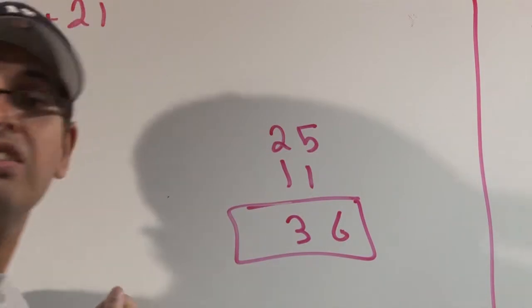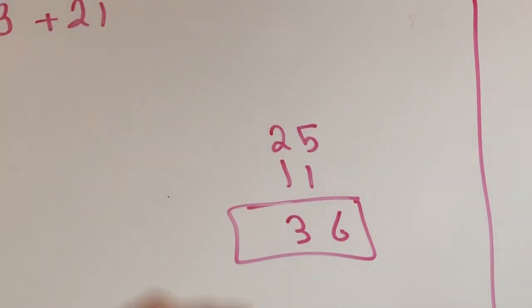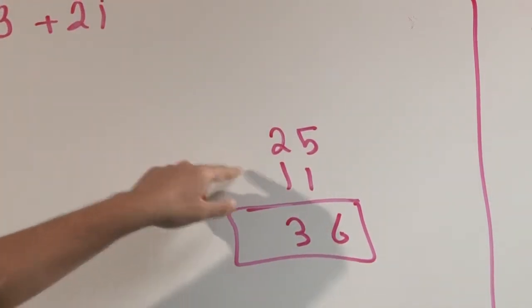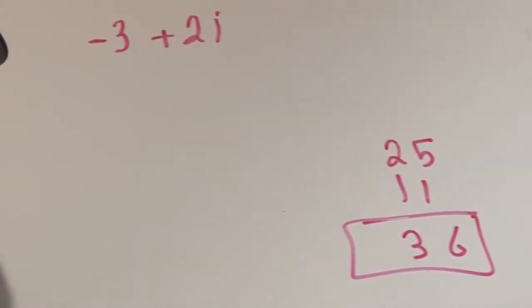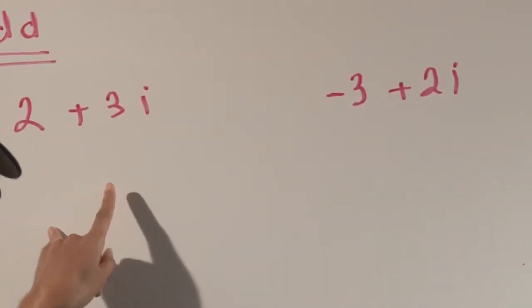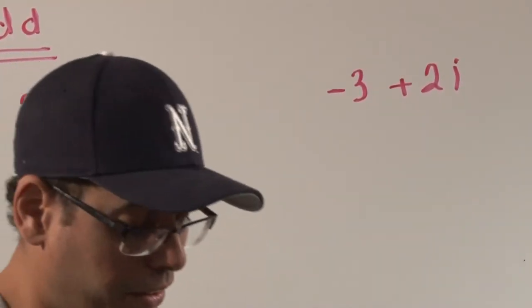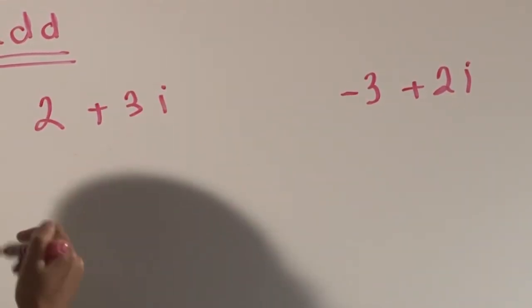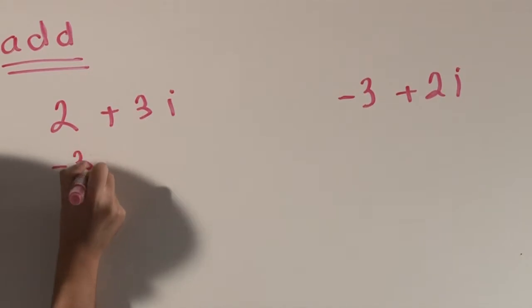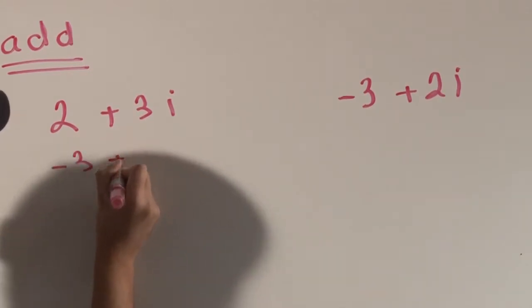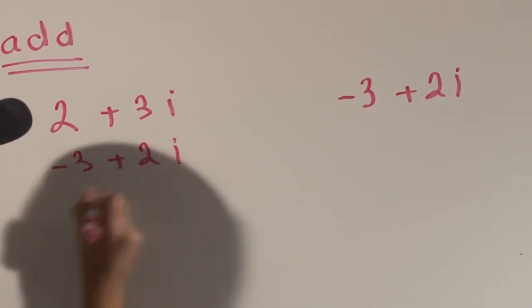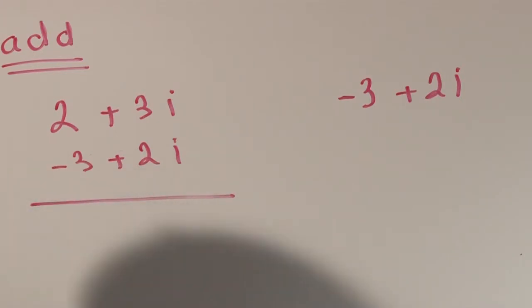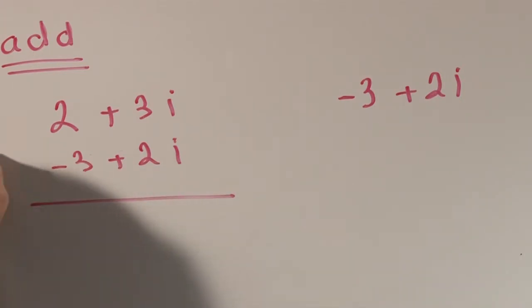So I get the answer like that. If I know well how to do it that way, it would be very easy to add or subtract here. Let's see that. Let's write this number right down here: negative 3 plus 2i. And this is plus.